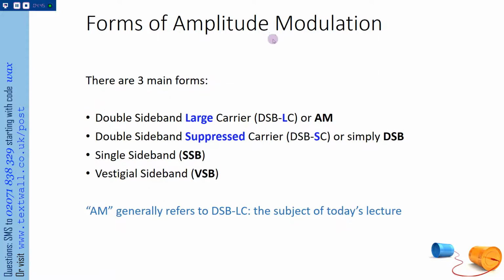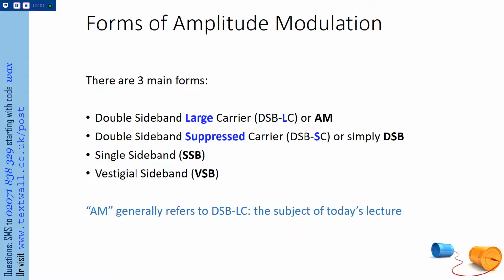So amplitude modulation comes in different forms, different flavors. Today we're only looking at the first of these, DSB, LC, or AM, sometimes referred to as full AM. So DSB stands for double sideband, large carrier.